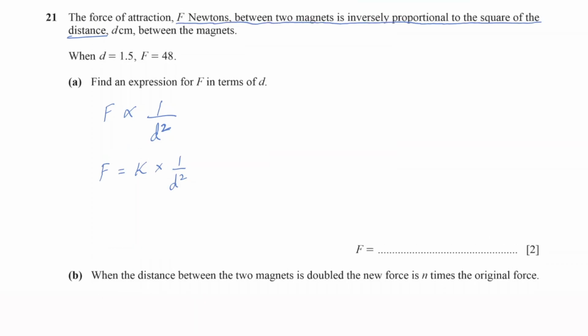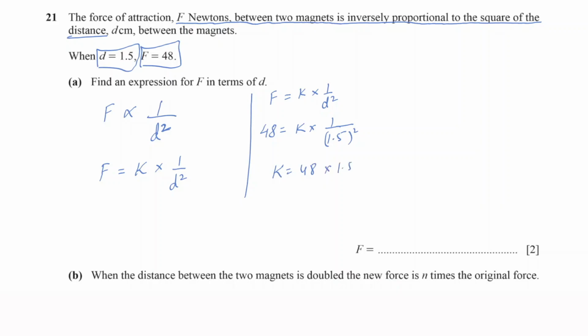Now they have given that if the value of d is 1.5 and F is 48, let's use that. In this equation we have F equals k into 1 by d square. If F is 48 and d is 1.5, then we can find the value of k, right? So k will be equal to 48 into 1.5 square.